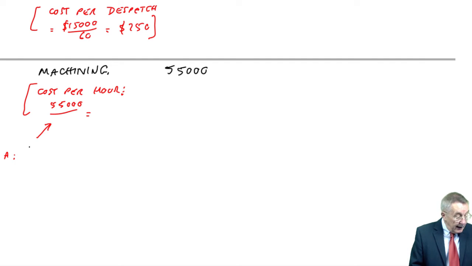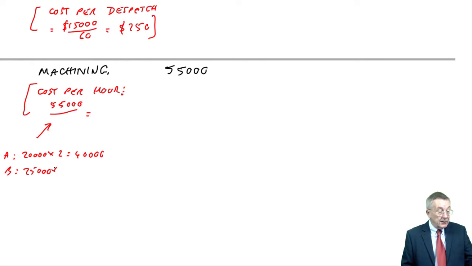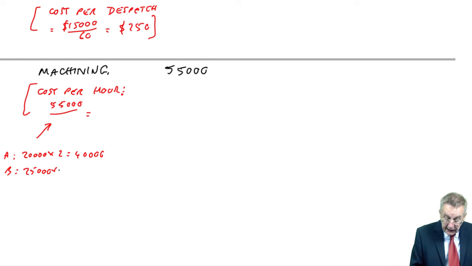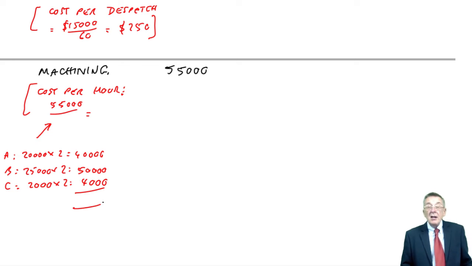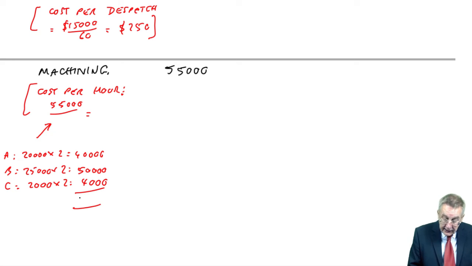Well, it's 20,000 units, and each is taking 2 hours. So a total of 40,000 hours. B is 25,000 units being produced from the top table. Each one's taking 2 hours, so 50,000. And C, 2,000 units, 2 hours is 4,000. So in total, we're working 94,000 hours.